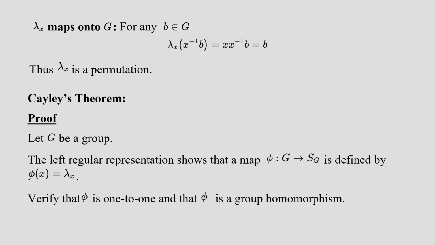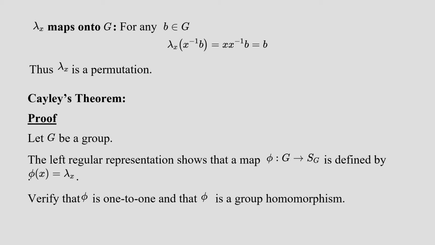Next, we need to show that lambda sub x maps onto group G. For any element b in the group G, lambda sub x of x inverse times b equals x times x inverse times b, and we will get b. With this, it is verified that lambda sub x is a permutation.